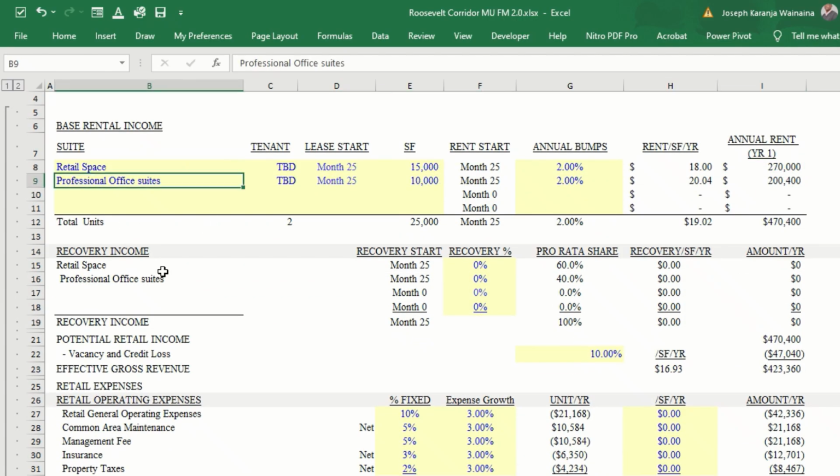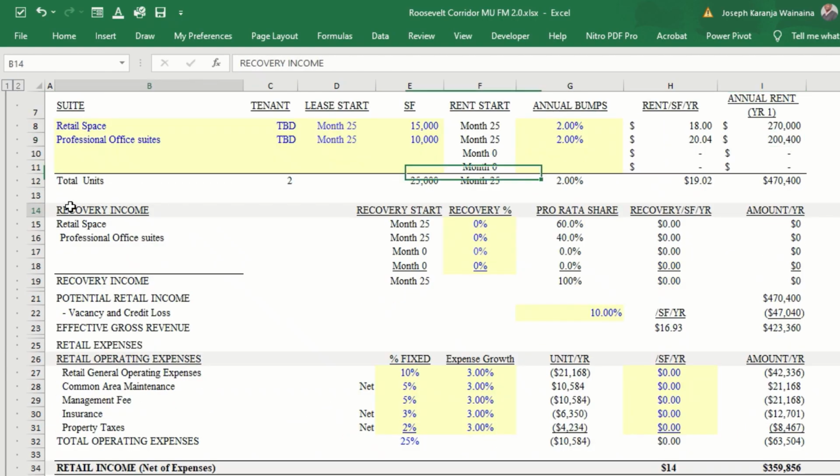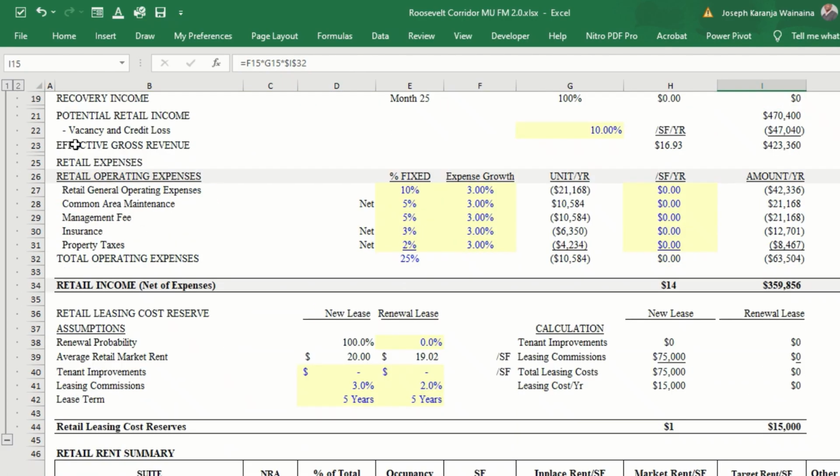If they're professional office suites, we can indicate what will be the total rent income. In case we do have any recovery income, we can specify the percentage and it can be tabulated here. So we do have the effective gross revenue after deducting the vacancy losses. We also have now retail operating expenses.